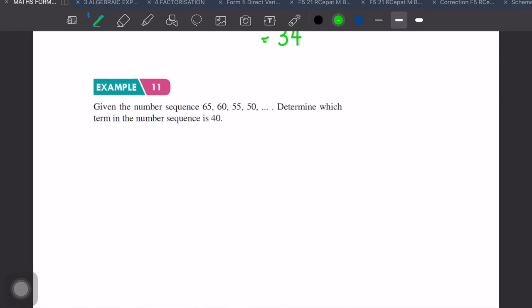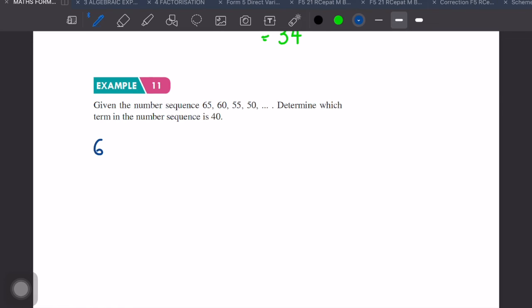Next, example 11. Given the number sequence 65, 60, 55, 50, determine which term in the number sequence is 40. Over here you can do it manually also. You have 65.